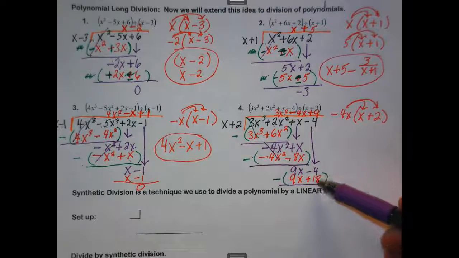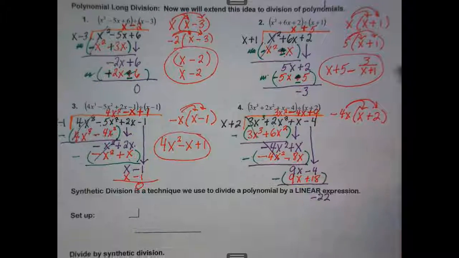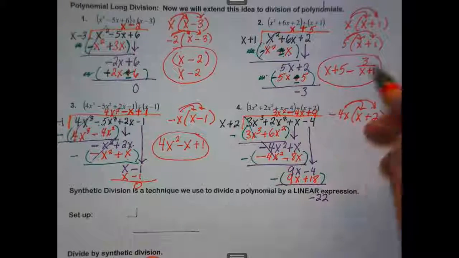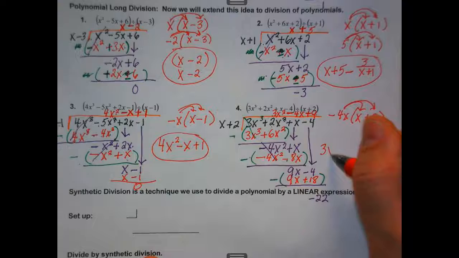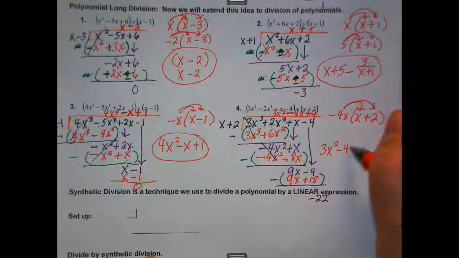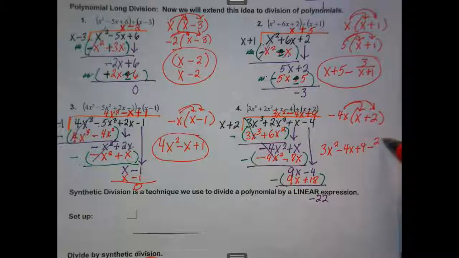Well, negative 22, right? Because we're switching the sign. So, my answer? 3x squared minus 4x plus 9 minus 22 over x plus 2.